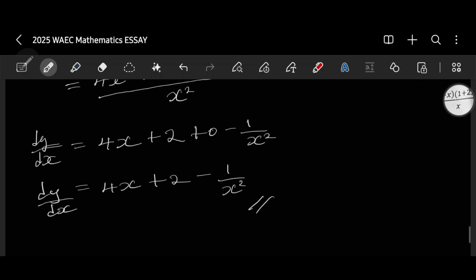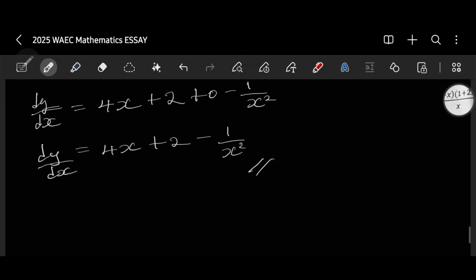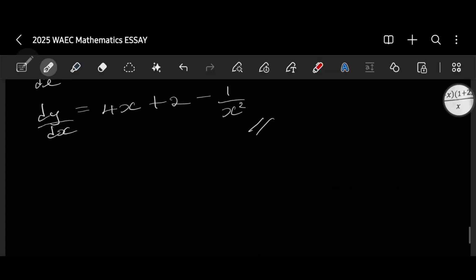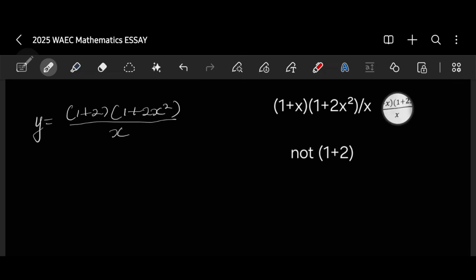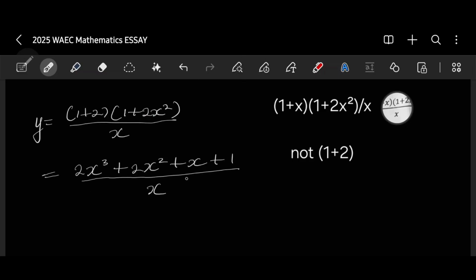Now I'm going to quickly show you the other method of doing this, which is somehow easier and shorter. We're not using the quotient rule this time, so we still have y equal to the same thing we had originally. The next thing I'm going to do is expand the numerator, which we've done already.